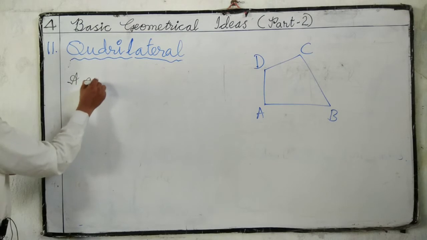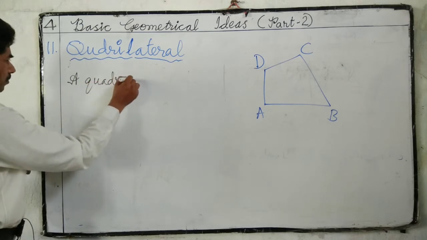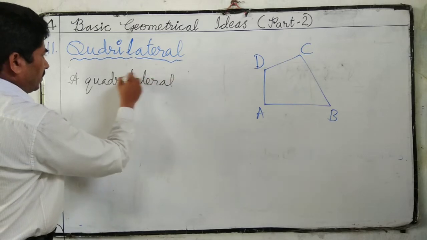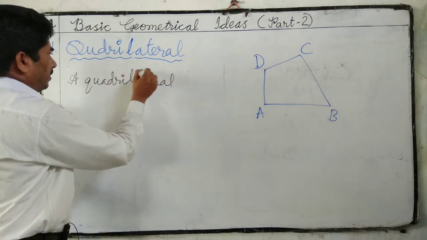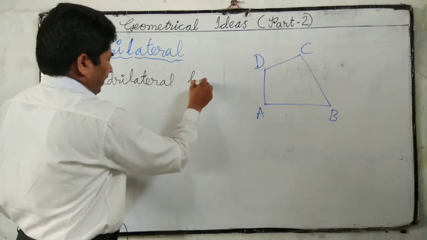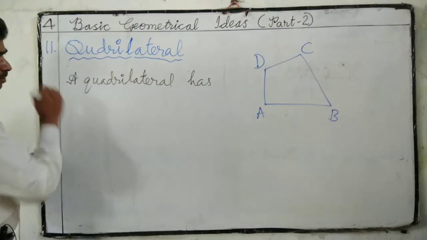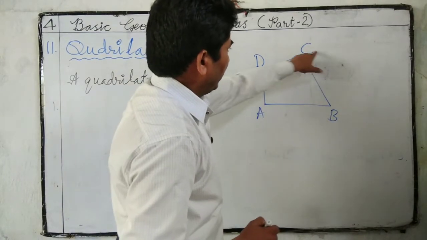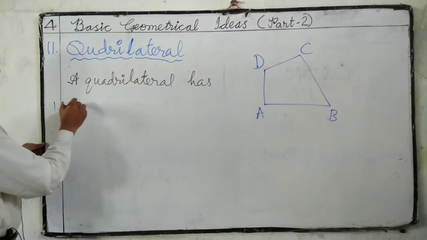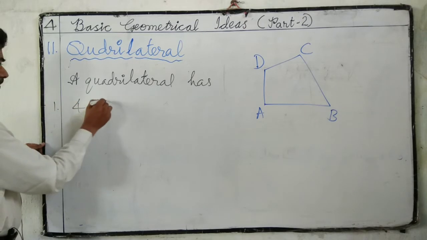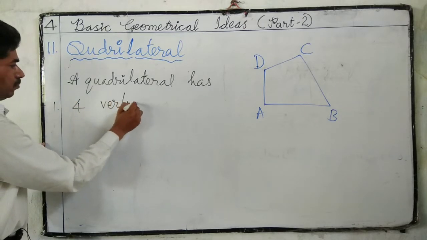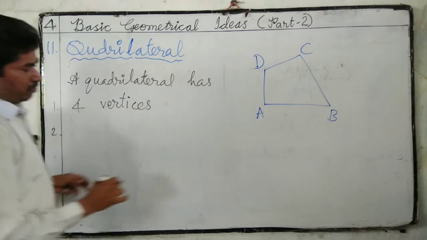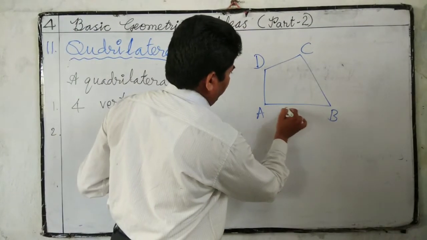A quadrilateral has 4 vertices and 4 sides.